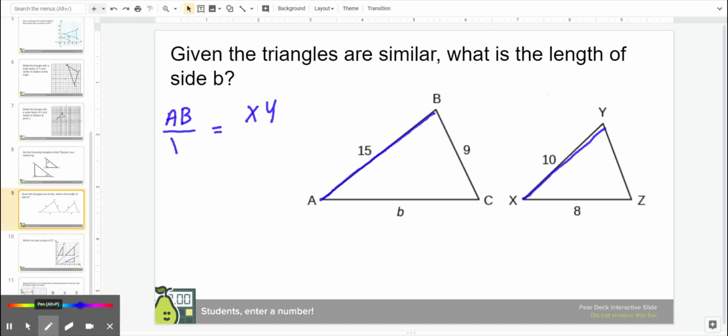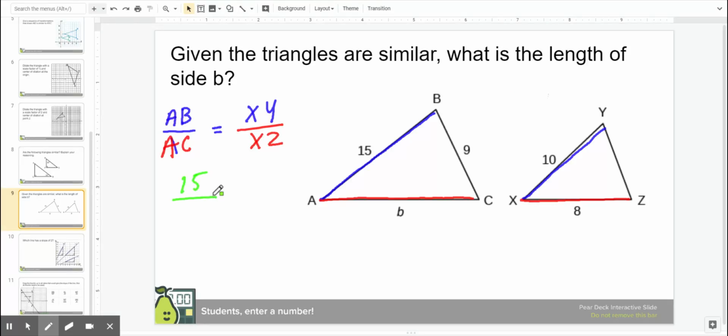Okay. And then let's change the pen color. We know that AC corresponds to XZ. So we have AC, and that's XZ. All right. So now we just kind of fill in what we know and solve. Let's see.